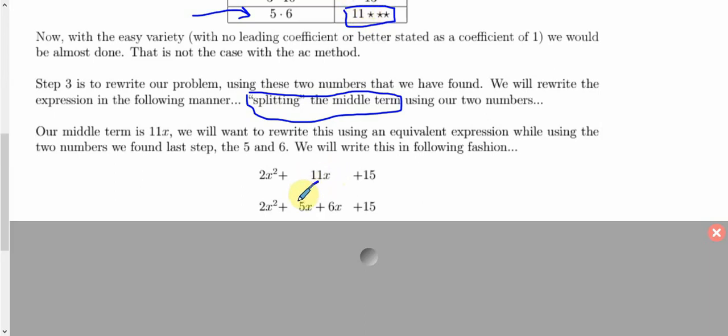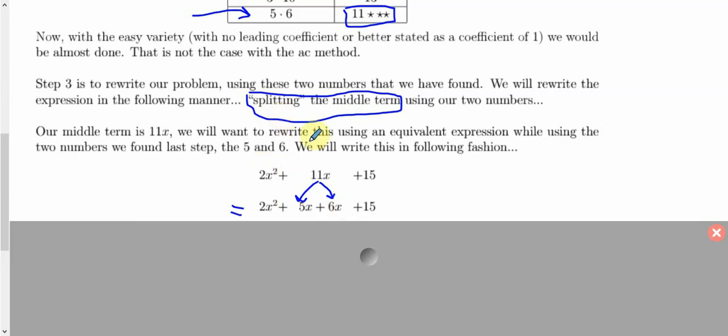If I were to break it into two pieces, would you agree that 5x plus 6x does equal 11x? So what I have done is rewritten the problem in an equivalent expression, but I have split the middle term into two separate terms, 5x and 6x.